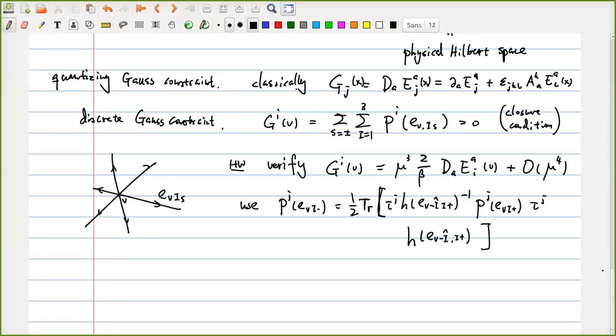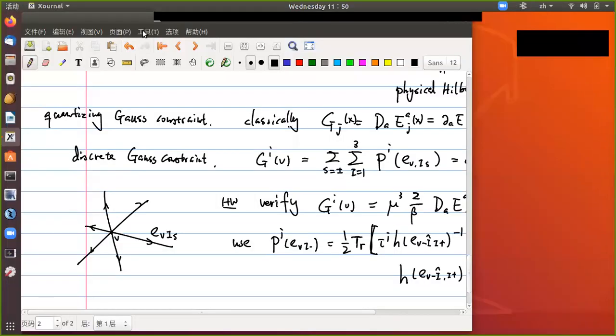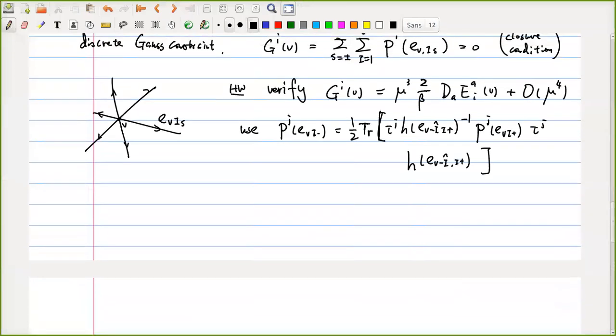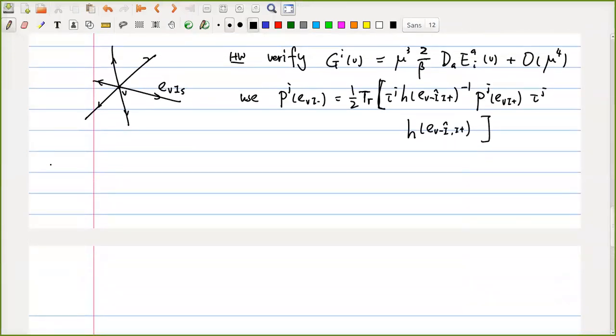The reason we call it closure condition is that it has an interesting geometrical interpretation. So let me tell you the geometrical interpretation of this discrete Gauss constraint.